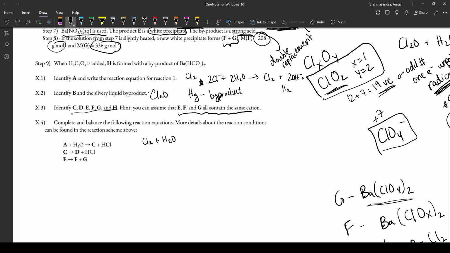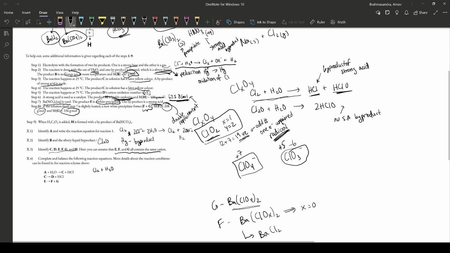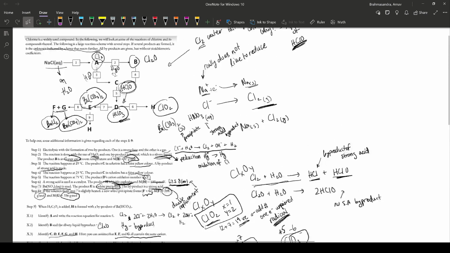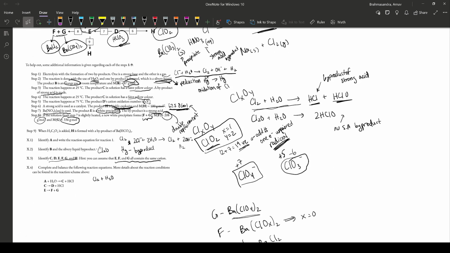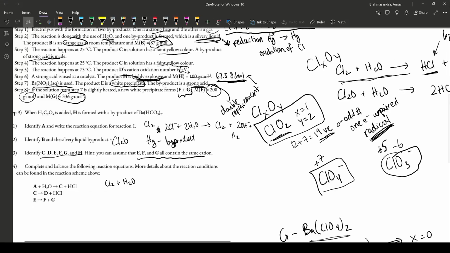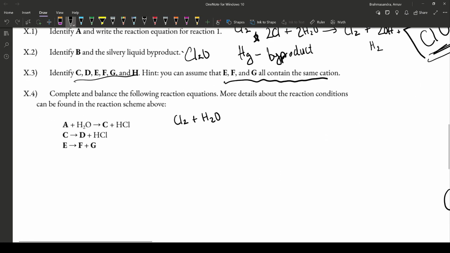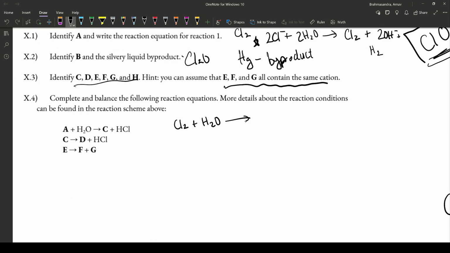We actually wrote this equation above, because I used it when trying to figure out the answer for C, but technically you didn't need to know it until this last part, x.4. So I'm just going to copy it. Cl2 plus H2O goes to HCl plus HClO. That's what this question is saying.